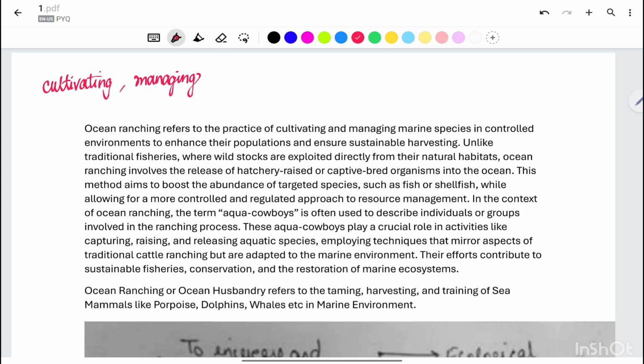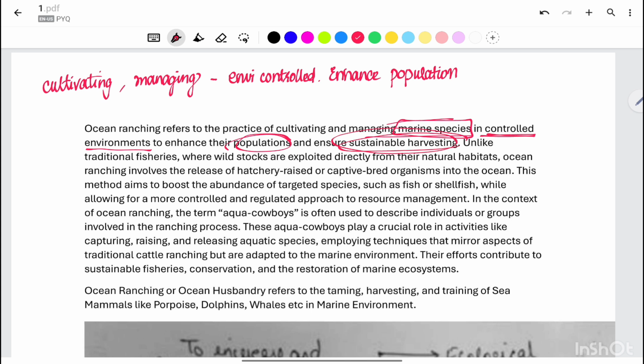Here also the environment is controlled to enhance their population, and to ensure sustainable harvesting for sustainability.